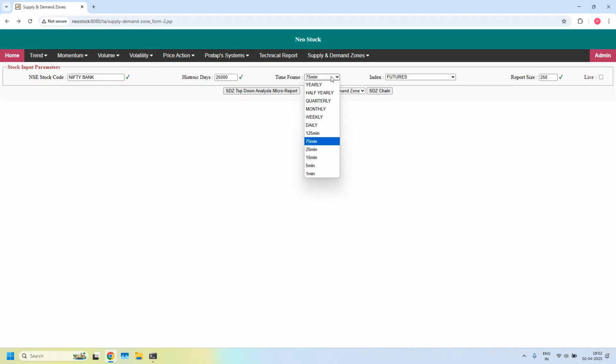Next, generating 25 minutes supply demand zone chain for BANKNIFTY.